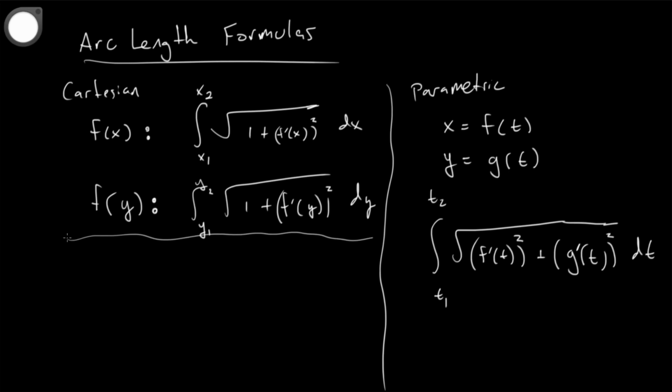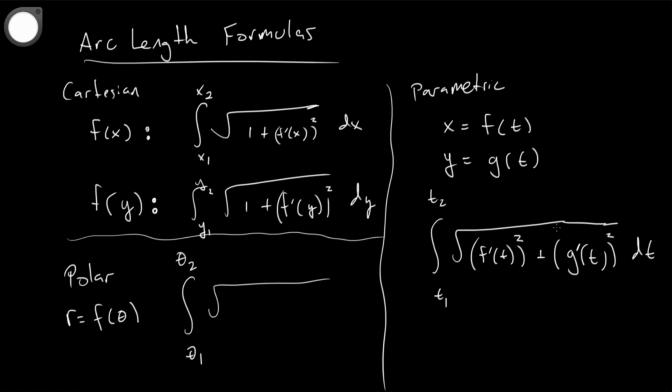And then the last one, polar. Polar is a little bit different in its proof, but given a function r equal to some function of theta, the arc length of that function from some value theta1 to some second value theta2.